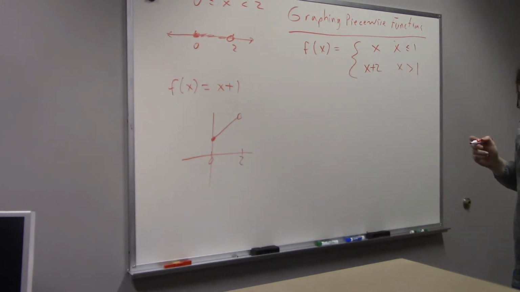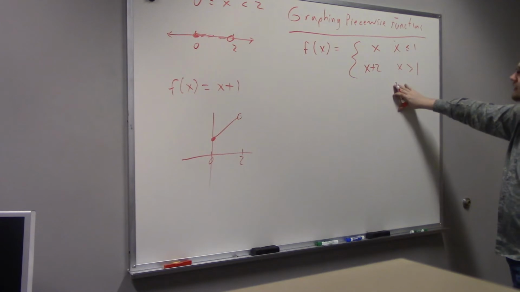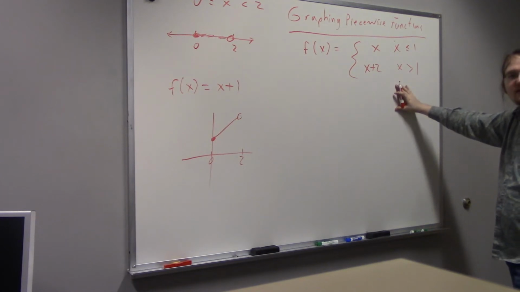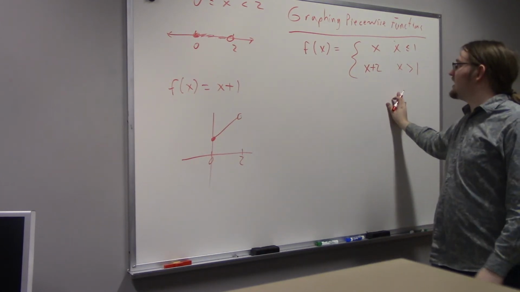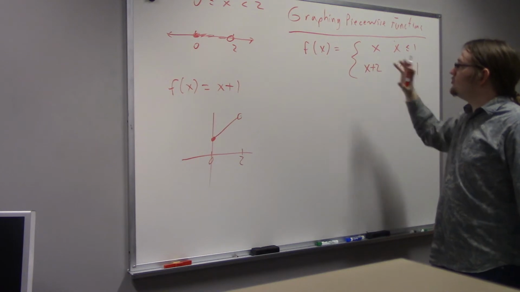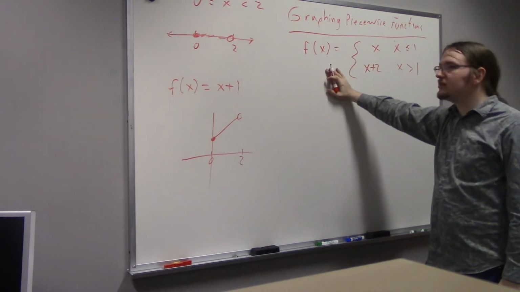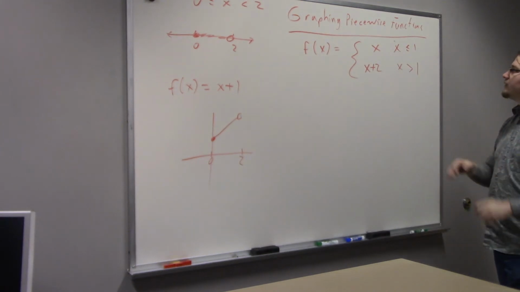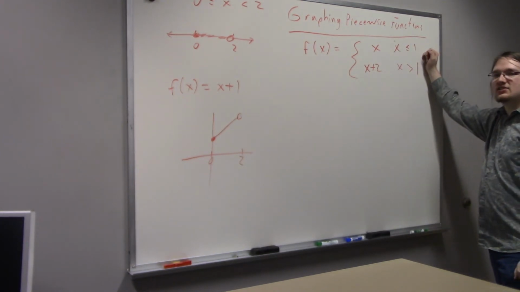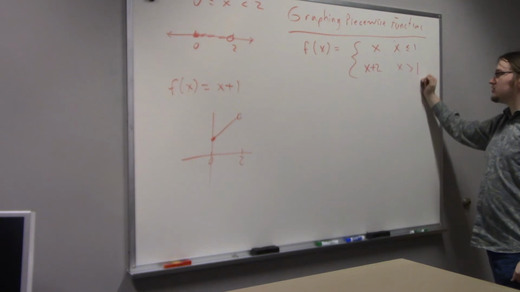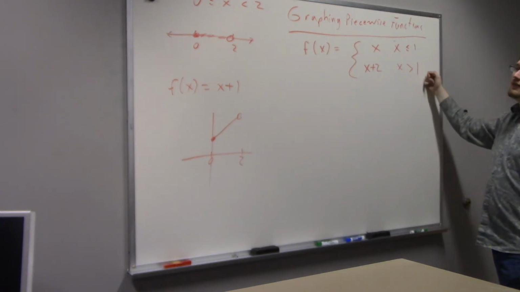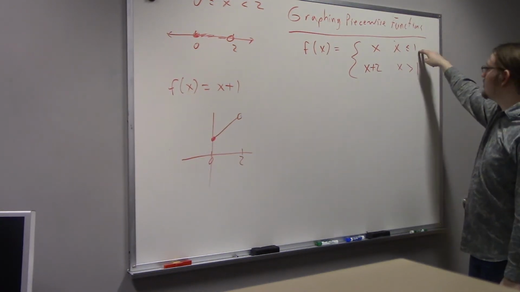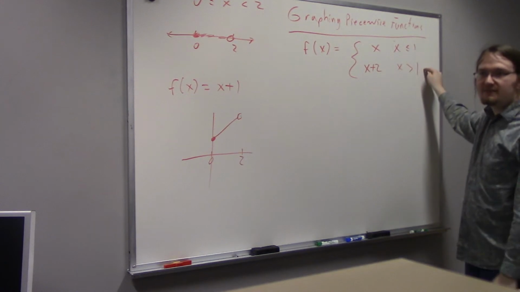The idea behind this notation is that you have your x, and then you say, okay, well, is my x less than or equal to 1, or is my x greater than 1? So we kind of use our x to look up which of these functions we want.